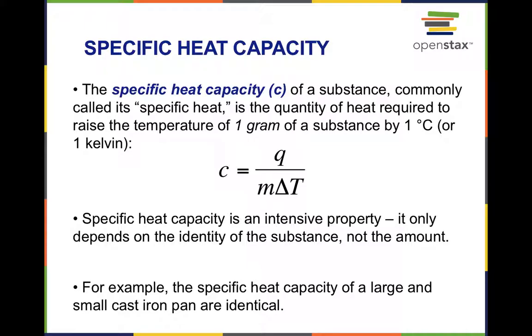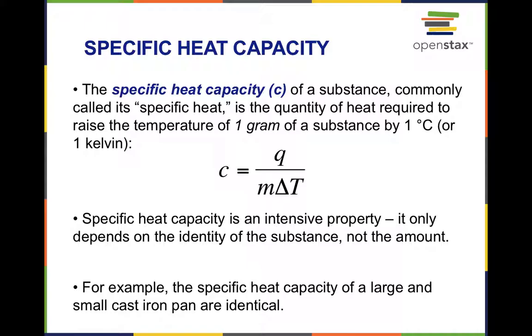Specific heat capacity, and you'll see that I'm going to use C sub P because that's the way I learned it way back when, is the energy required to raise 1 gram of a substance by 1 degree. And so we can actually go in the lab and measure these things. You're going to start out with a lot of calculations. We will do a calorimeter lab, which is kind of fun.